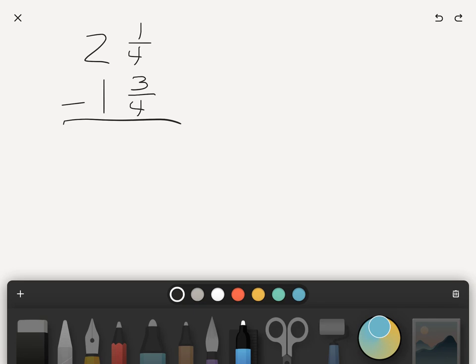So I can go, okay, well, I'm gonna take one whole number, but I'm not doing anything in terms of 10. We're working in what? Fourths. So one whole, I would be adding 4 fourths to this.